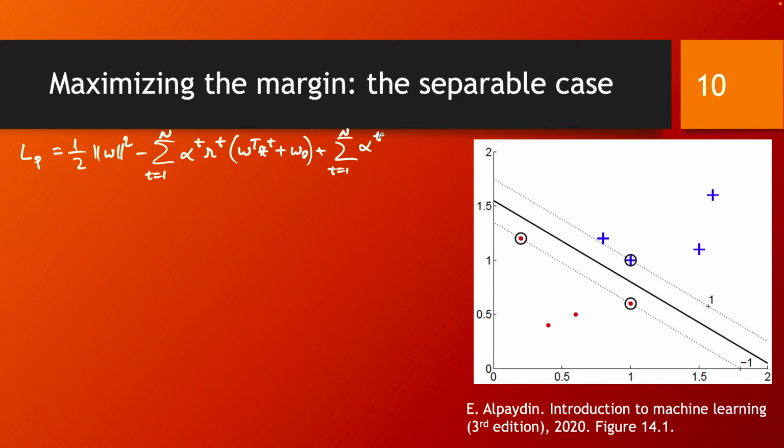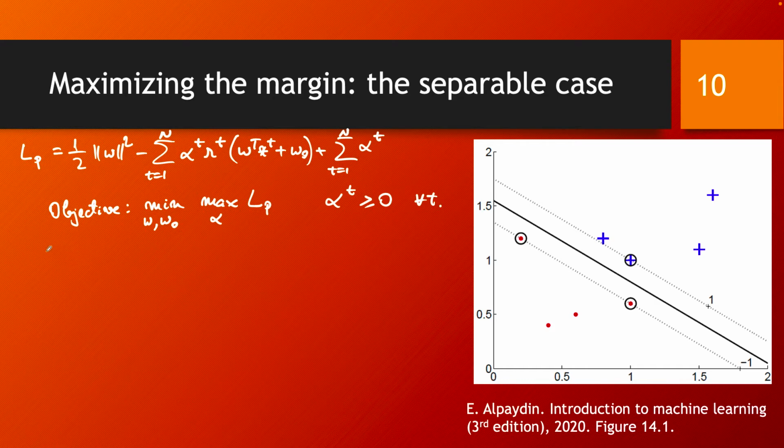And the objective is to minimize by W and by W0, and maximize by alpha. Alpha is the vector collecting all these coefficients alpha t. Maximize the Lagrangian L_P. And this was subject to all these alpha t being greater than or equal to 0 for all t.